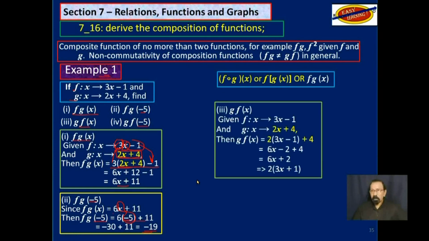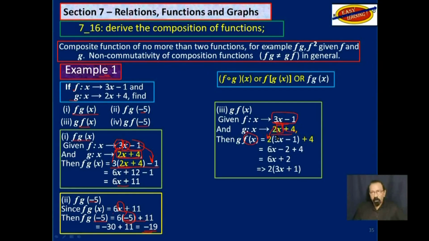Let's go the other way around. g of f of x. Now we know that this is f of x. We know that this is g of x. This time we want to find g of f of x. So we are going to take f of x, which is that, and substitute that for this x in here. So that 2 is still there.